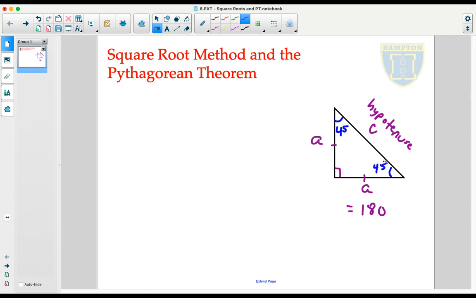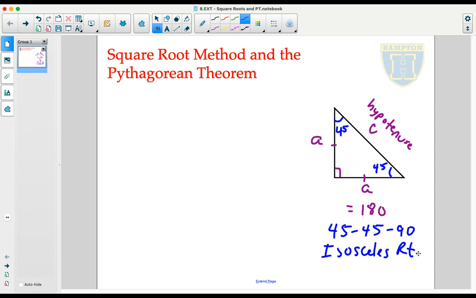That gives us what is commonly referred to as a 45-45-90 triangle. That becomes shorthand for what it really is, which is an isosceles right triangle.